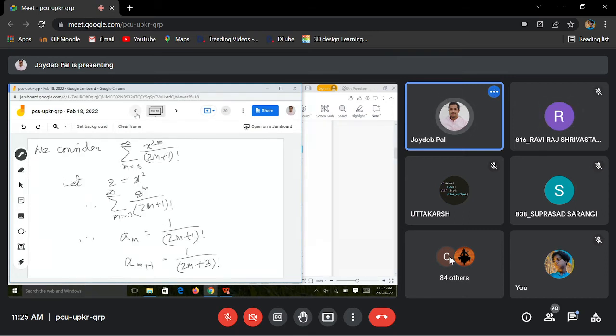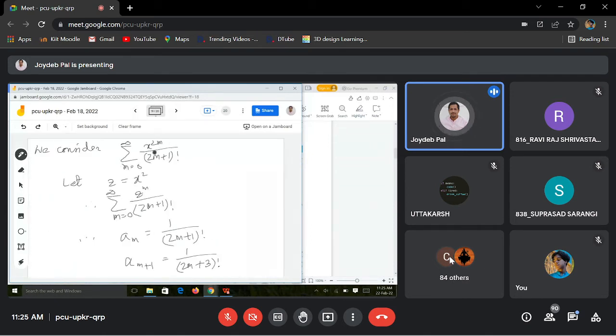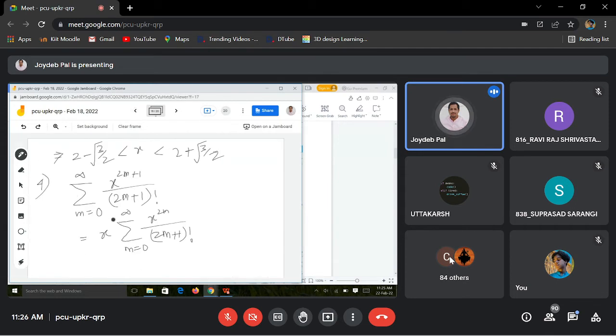We are basically finding the radius of convergence here. Now I have calculated the radius of convergence for this series, m from 0 to infinity, x to the power 2m divided by (2m plus 1) factorial. Now I have to find the radius of convergence for x into that series.